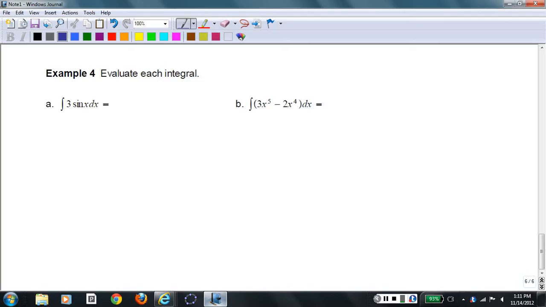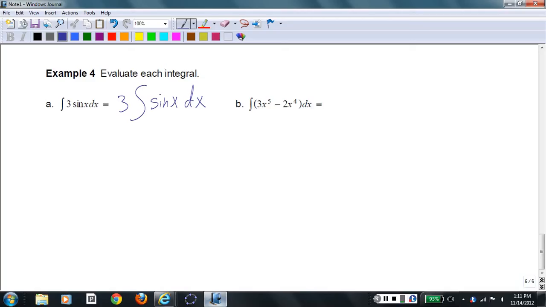We could pass the 3 in front of the d/dx. So this equals 3 times the integral of sine x dx. We don't have to stop and think, I wonder what we could take the derivative of to get 3 sine x. We just have to ask ourselves, I wonder what we could take the derivative of to get sine x.